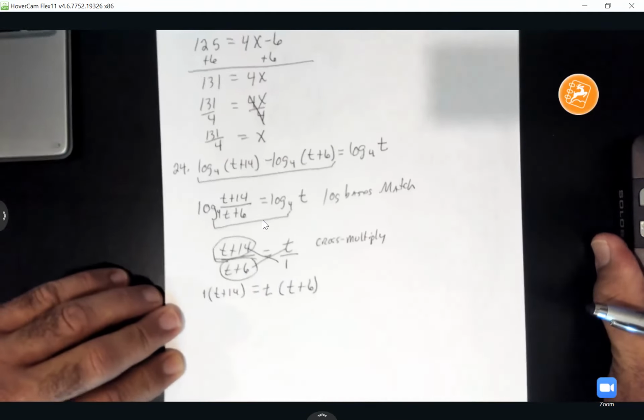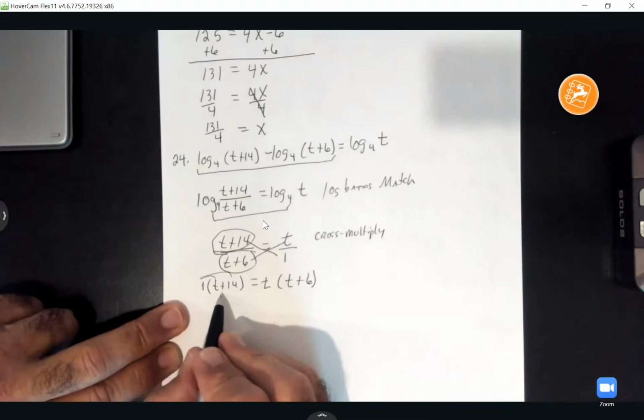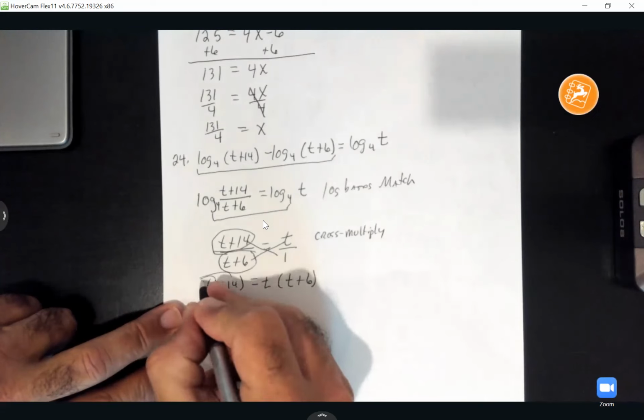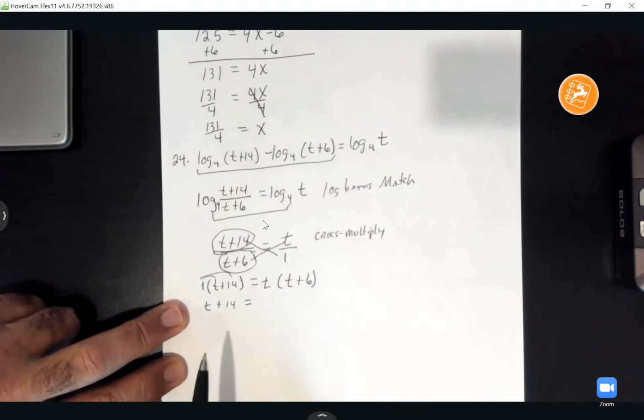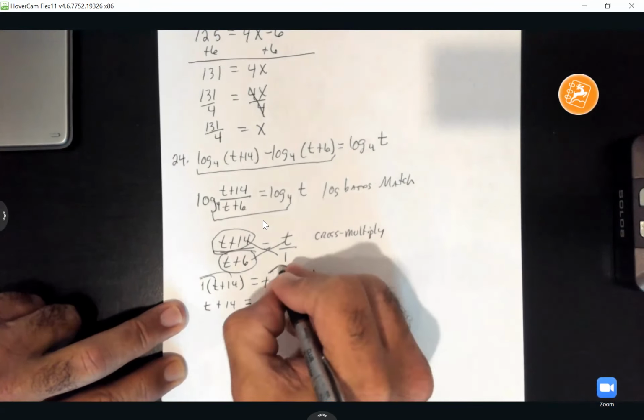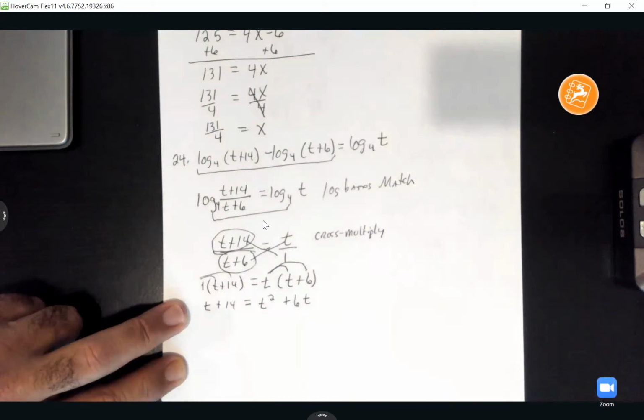All right, so what we want to do now, get rid of parentheses. 1 times t is t. 1 times 14 is 14. Now the right side, t times t is t squared plus t times 6 is a 6t.